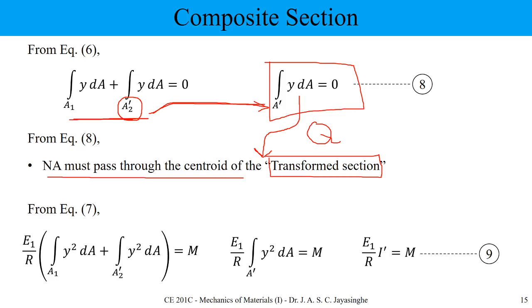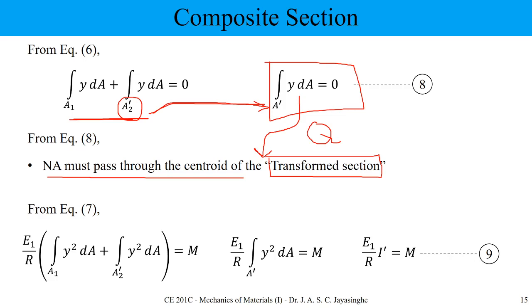Here we are using the transformed section, so you need to transform the section based on your criteria. You can transform to material 1 or 2 or any other type of material. You need to transform first, and after that you need to find the neutral axis of that transformed section. That's the most important thing.